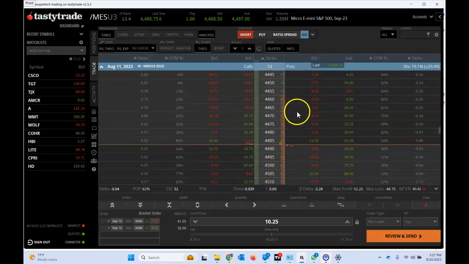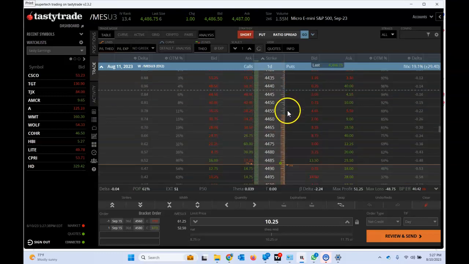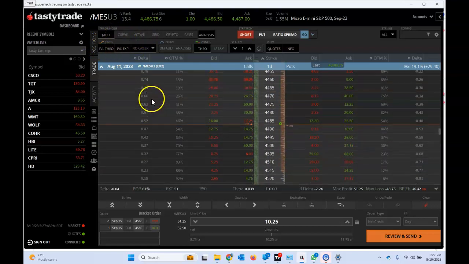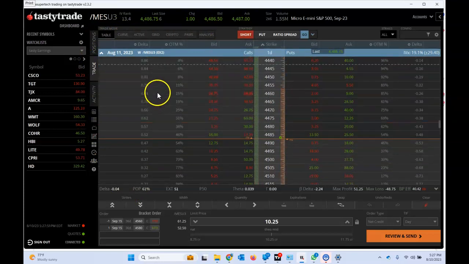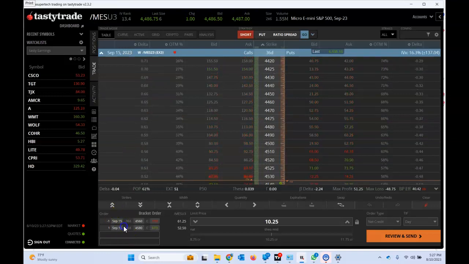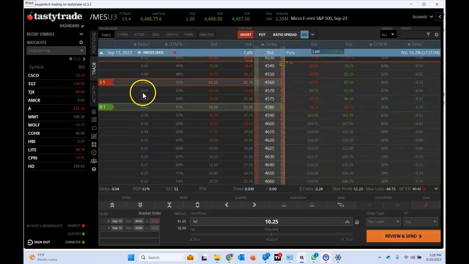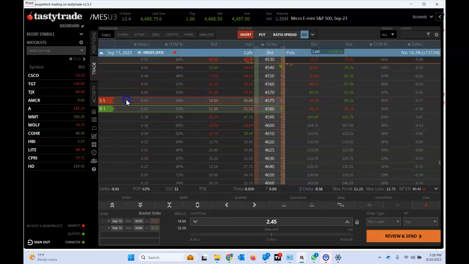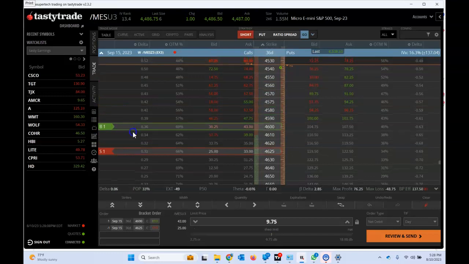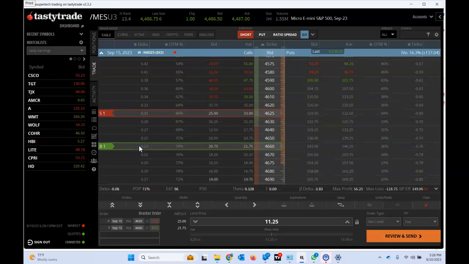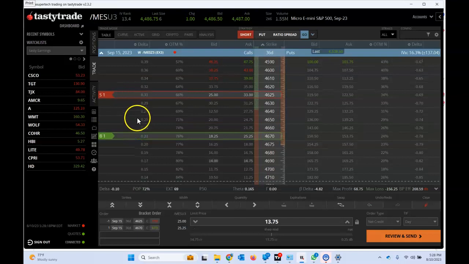Here's another thing we could do. If we wanted to give ourselves some more flexibility, we could adjust this. Let's look at adjusting this a little bit. If we wanted to go down to the sell position being at the 30 delta, we could do something like that to see how it looks. 1, 2, 3, 4.